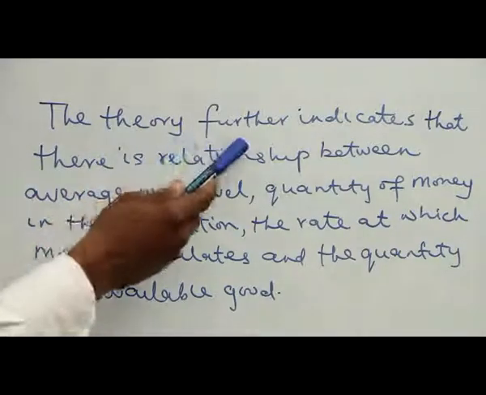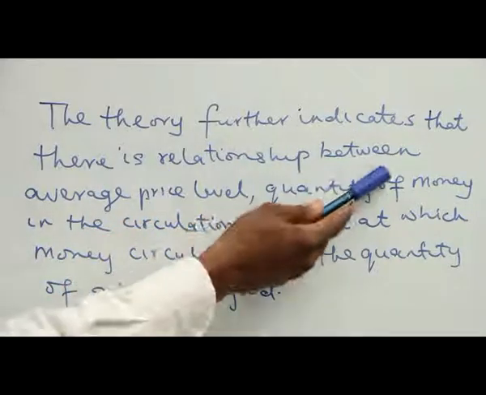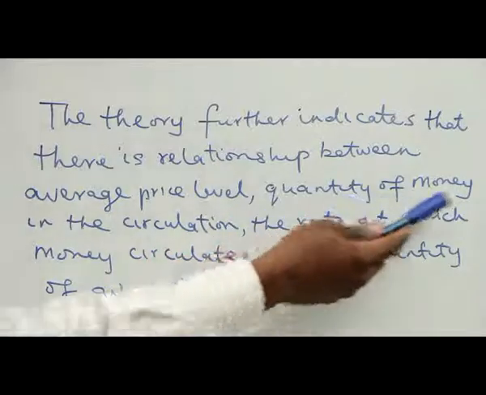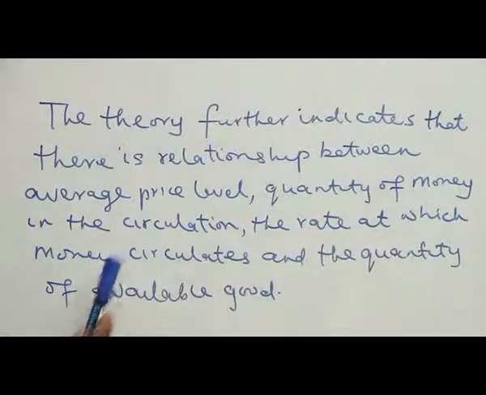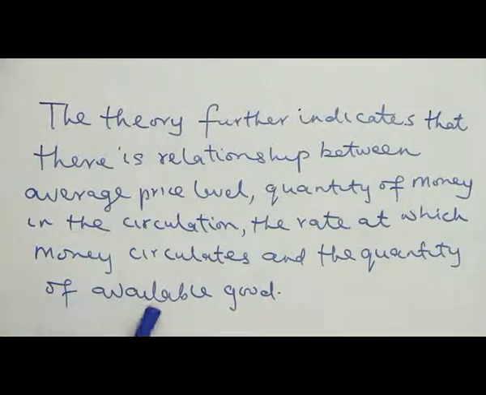The theory further indicates that there is a relationship between average price level, quantity of money in circulation, the rate at which money circulates, and the quantity of available goods in the economy. We are going to demonstrate this using mathematical aspects.